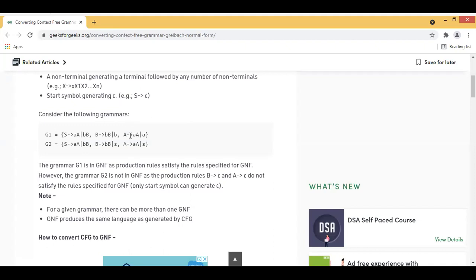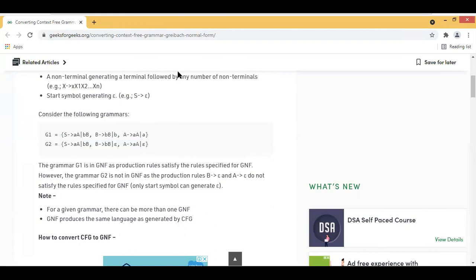And A tends to, here also I have small a, a terminal, then A, so this is also an acceptable production for the rules of the GNF. Or else A tends to a. So every rule of these productions is acceptable. So these rules satisfy the rules that are specified for the GNF, right?